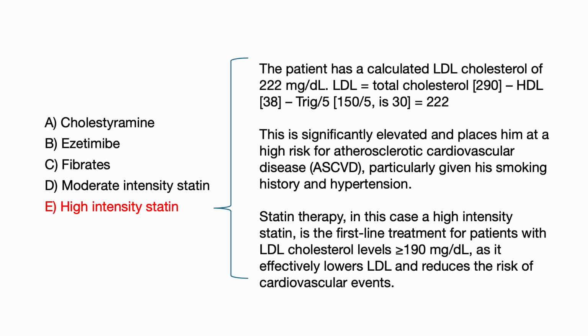This is significantly elevated and places the patient at very high risk of atherosclerotic cardiovascular disease, especially given his smoking history and hypertension. Statin therapy, in this case a high intensity statin, is the first line treatment for patients with LDL cholesterol of at least 190, as it effectively lowers LDL and reduces the risk of cardiovascular events.